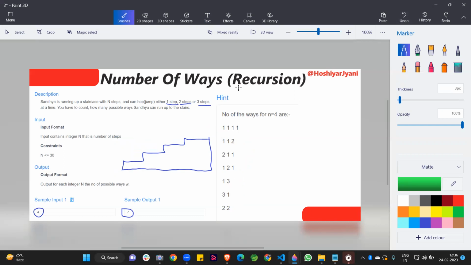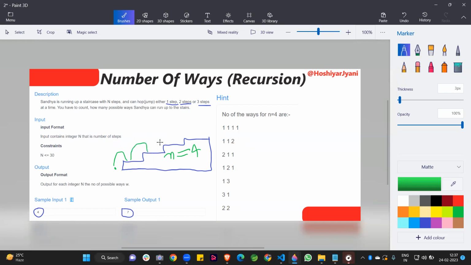So guys, in this question, first of all, we find out the base condition of this question. So what will be the base condition? First of all, n here is 4, 4 steps. So what does 4 steps mean? First of all, we are at this position, and if we cover the first step, then the number of steps remaining is 3.